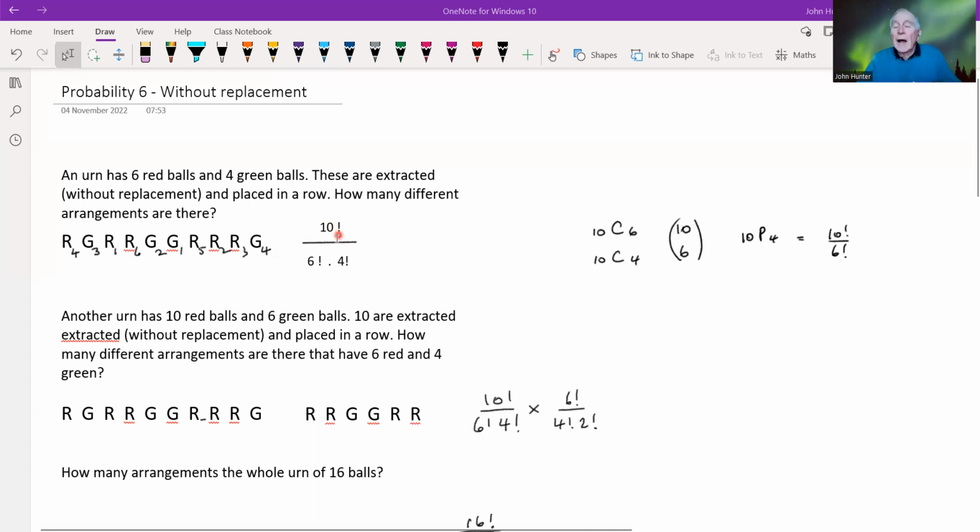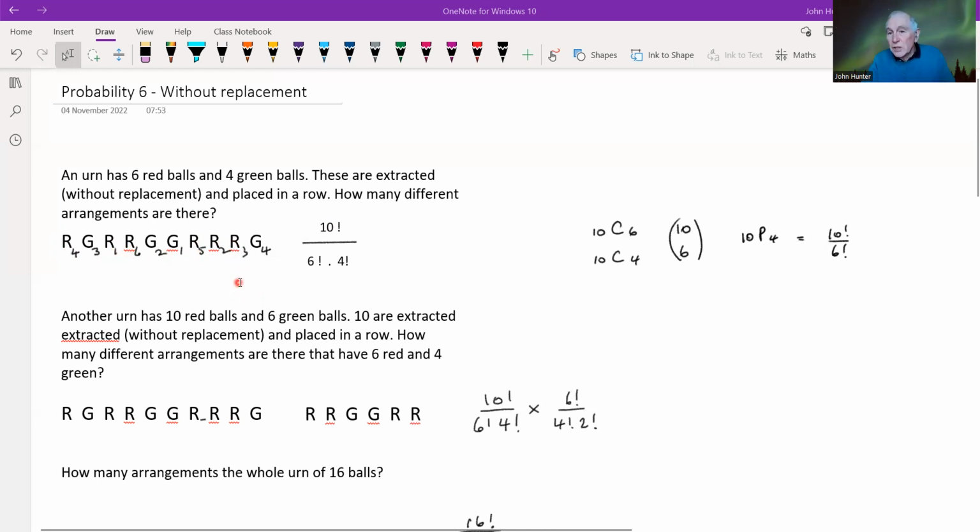So we have to divide through by the possible number of arrangements of, first of all, those red balls. There are 6. Imagine the slots that have been occupied by the red balls. If we take the red balls out and put them back into those red slots, there would be 6 different balls that we can put into the first one, 5 into the next, 4 into that, 3 into that, 2 into that, and 1 in that.